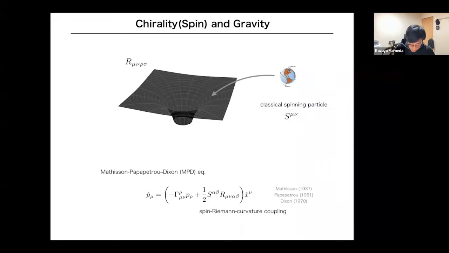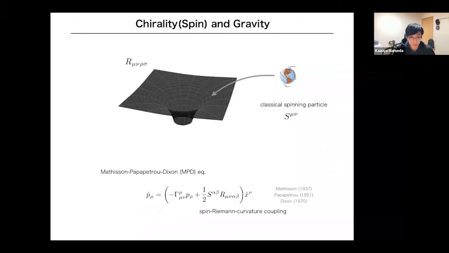Actually, the answer was found a very long time ago. And the answer can be found from the so-called MPD equation. So this is the equation of motion for the spinning particle. The P is the momentum of this particle.